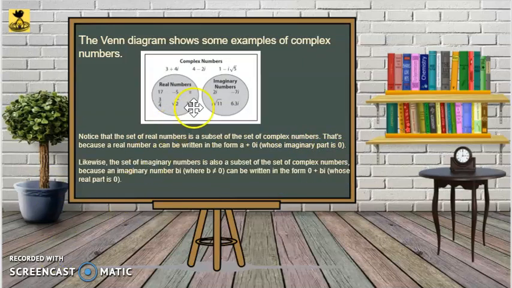Likewise, the set of imaginary numbers is also a subset of complex numbers, because an imaginary number bi, where b is not equal to 0, can be written in the form 0 plus bi, whose real part is 0.